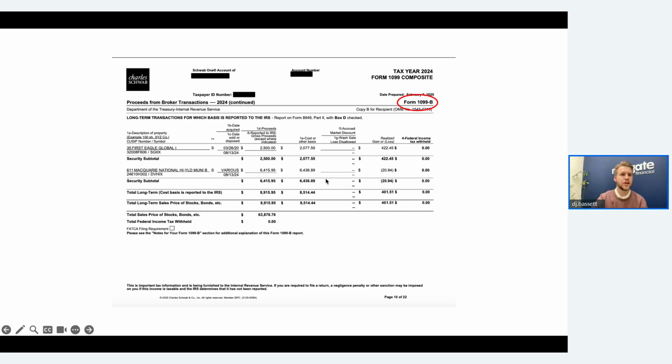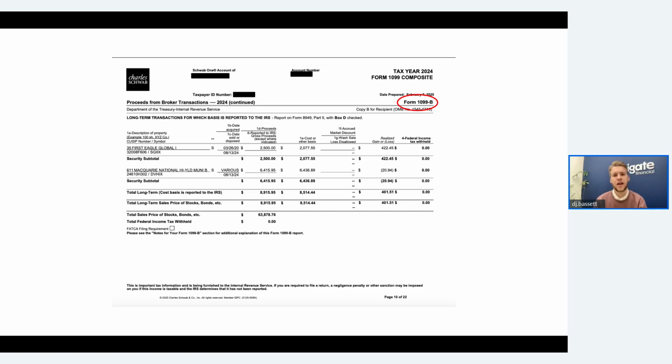I wanted to also show this as well. We don't have to go through this in as much detail, but you'll see these are long-term transactions, same format, and they mark down gains or losses on long-term, meaning if it's held for more than 12 months. So you see some of these that were bought in 2020, sold in 2024, and the amounts there.